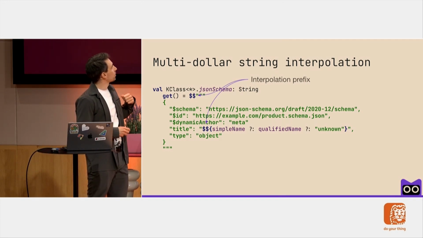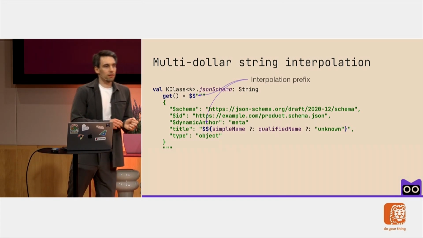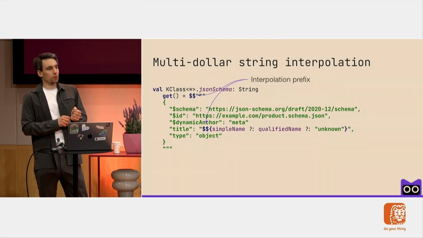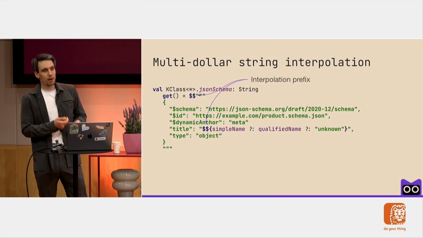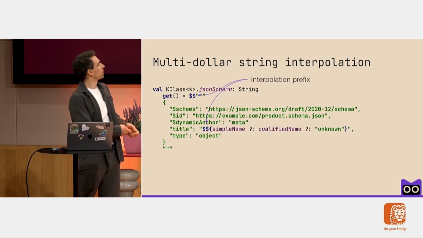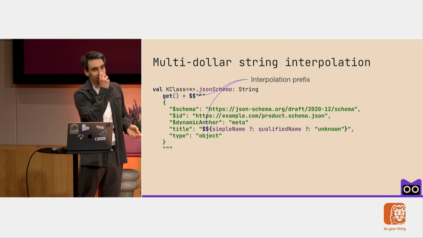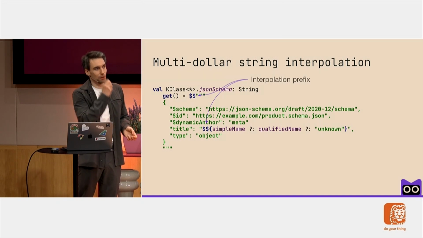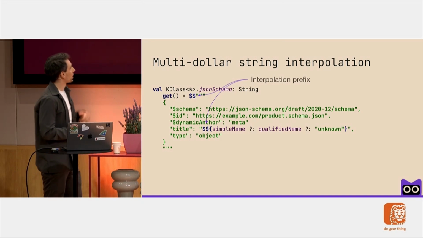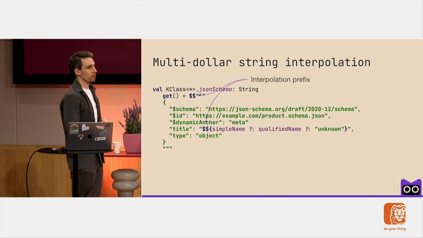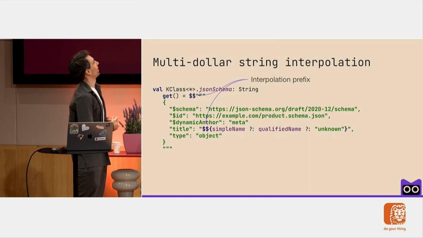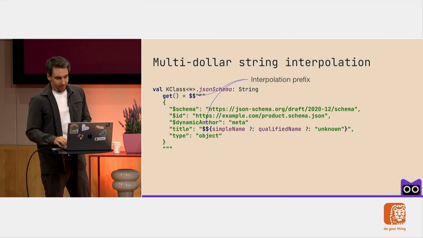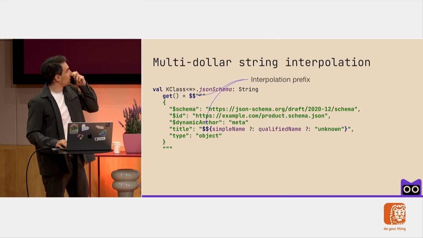If you start your string with 2 $ signs, then in order to interpolate your variable or parameter, you have to use 2 $ signs, not 1. And a single $ sign is now just a regular character, so you can write raw strings with $ signs without any problems. So yeah, it's also in Kotlin 2.2.